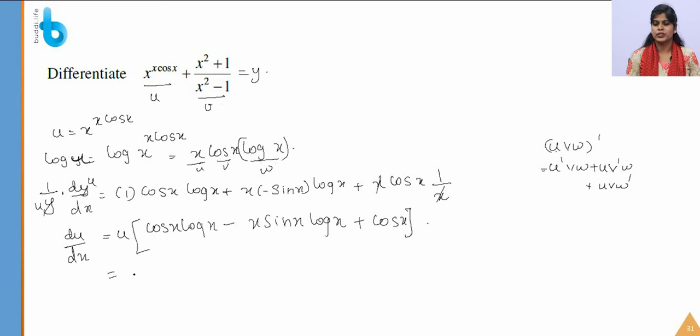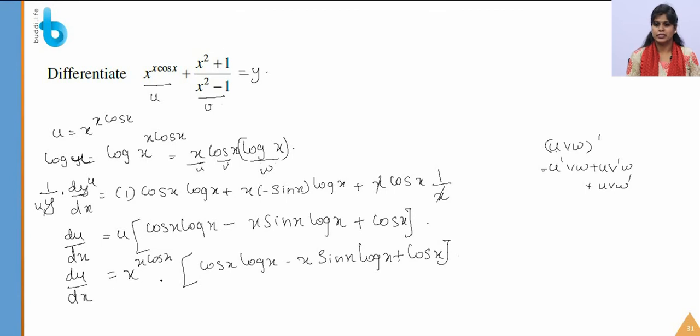So what is u here? X power x cos x. Substitute this u and cos x log x, writing the remaining part as it is. Okay, this is going to be du by dx.